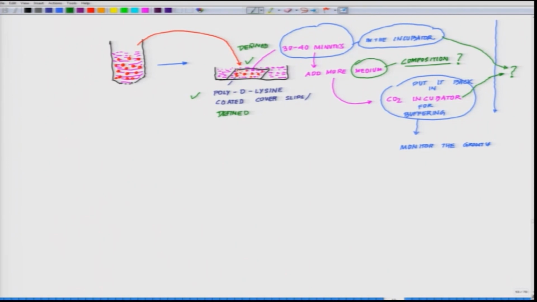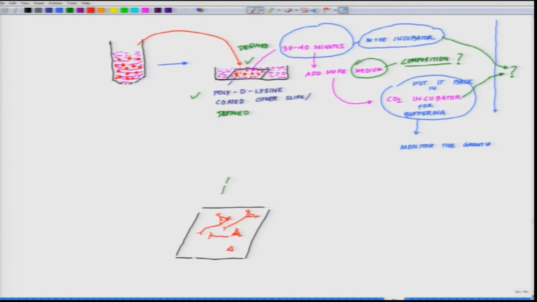Now, once you have plated the cells and you monitor them under the microscope, so this is what you are going to see. These single cell suspension, these cells will regenerate and they will form a random network depending on how close or how at a distance you are plating them.